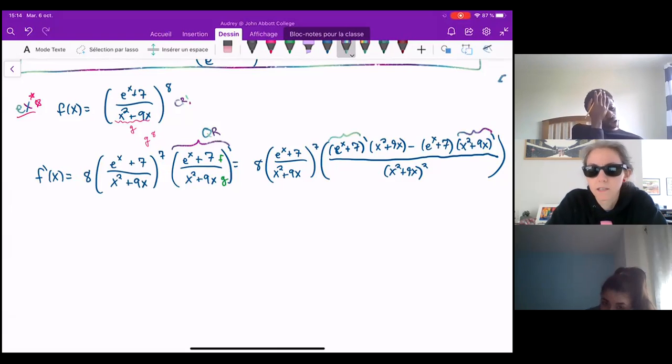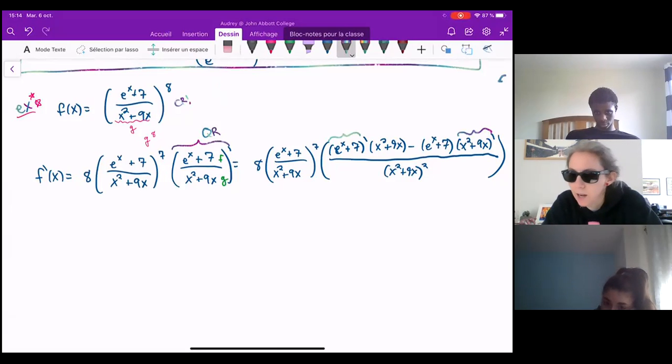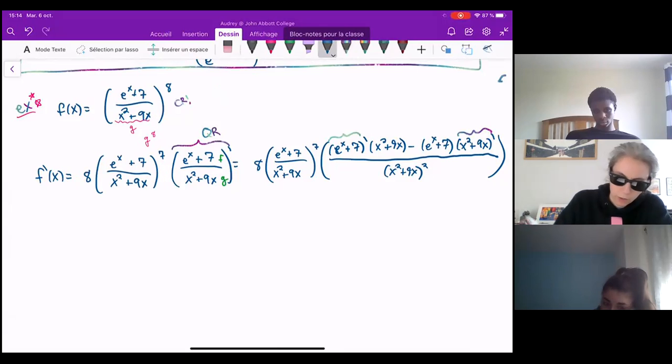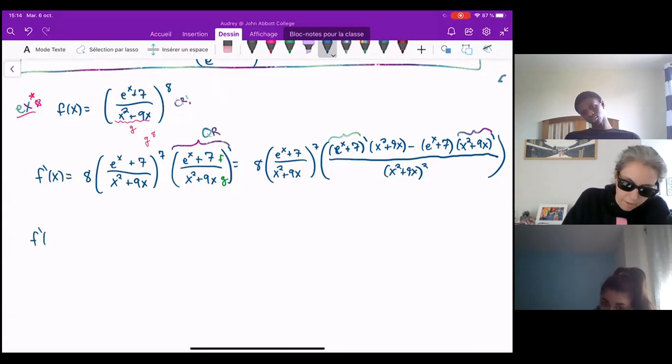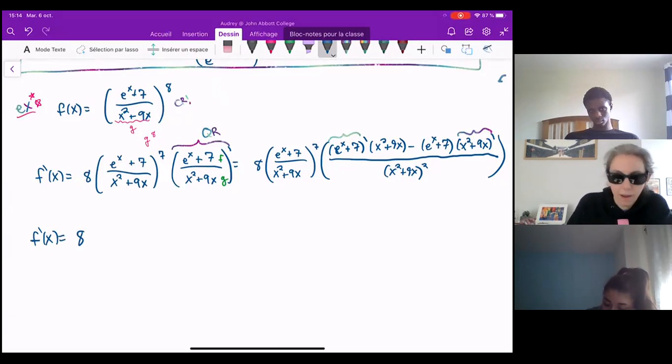X squared plus 9x, product rule, quotient rule, chain rule, none. Also none. First one's a simple exponent rule, the second one's a simple power rule. So then this becomes f prime of x is equal to, so because I'm not going to be doing a product, quotient, or chain, I know that this is going to be my last step.